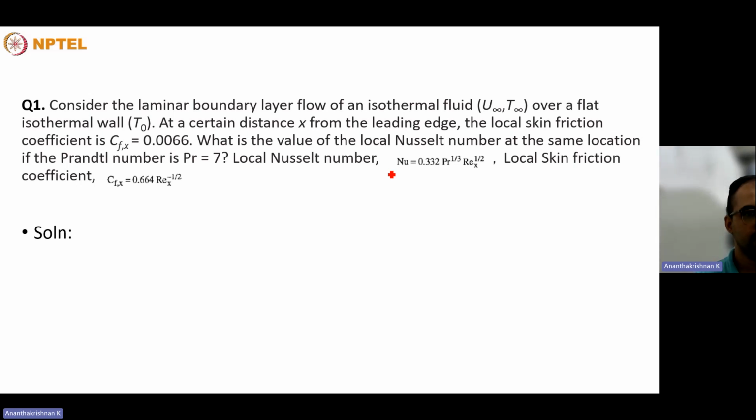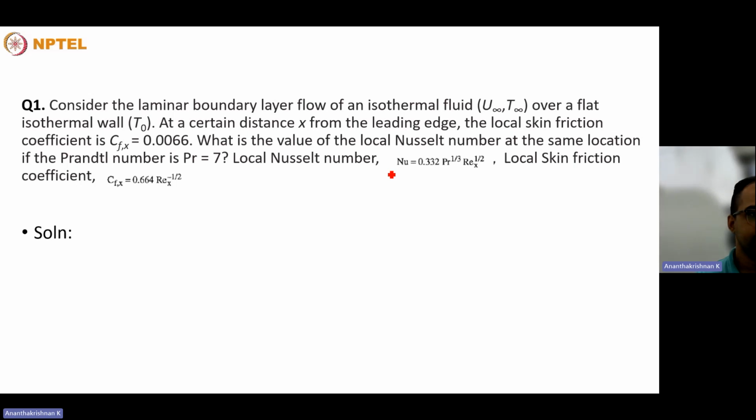This is the first question, based on the flow over a flat plate, and it uses the Nusselt number equation and skin friction coefficient. Consider the laminar boundary layer flow of an isothermal fluid with free stream velocity U infinity and temperature T infinity far away from the surface, over a flat plate kept at a constant temperature, isothermal wall at T0.